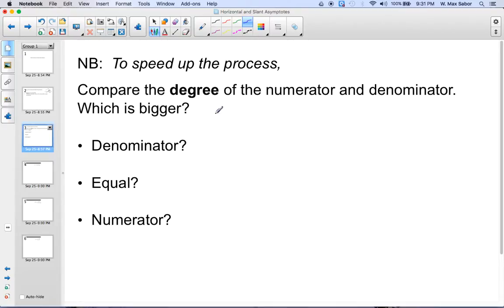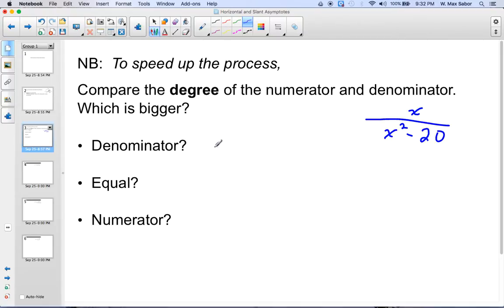So if the denominator is bigger, you're going to be looking at something like, say, x squared minus 20, and then in the numerator you have a smaller degree. So if the denominator is bigger, then when you divide these, you're not going to get anything. You'll just get the remainder, and there's no integer part.